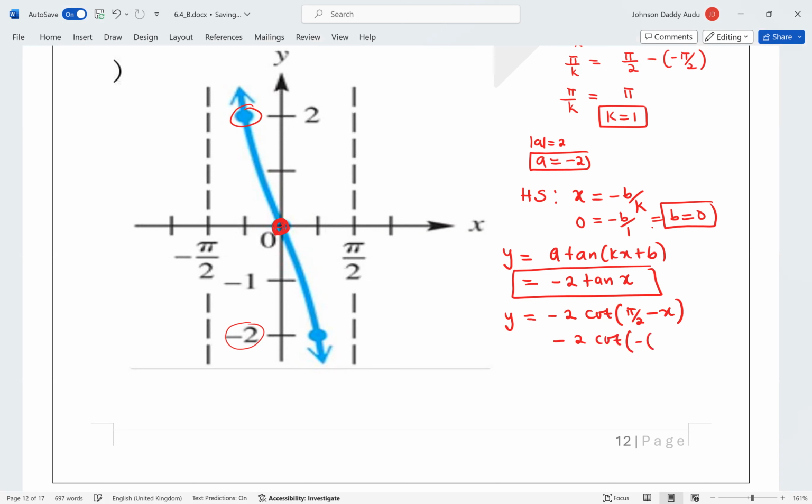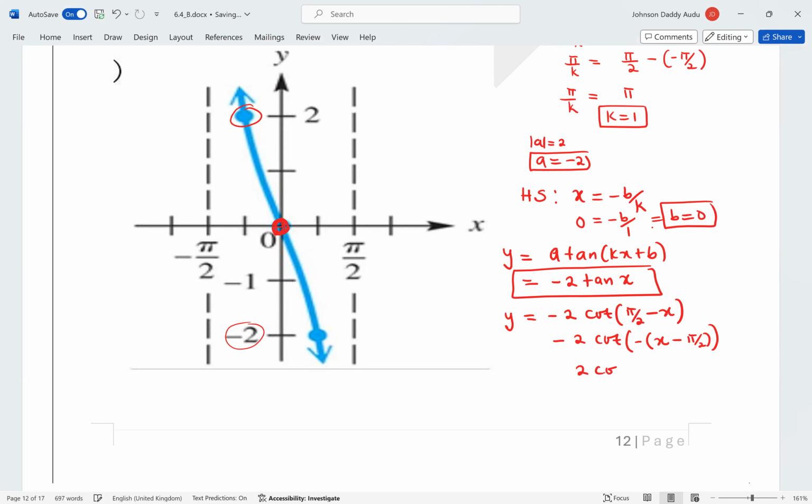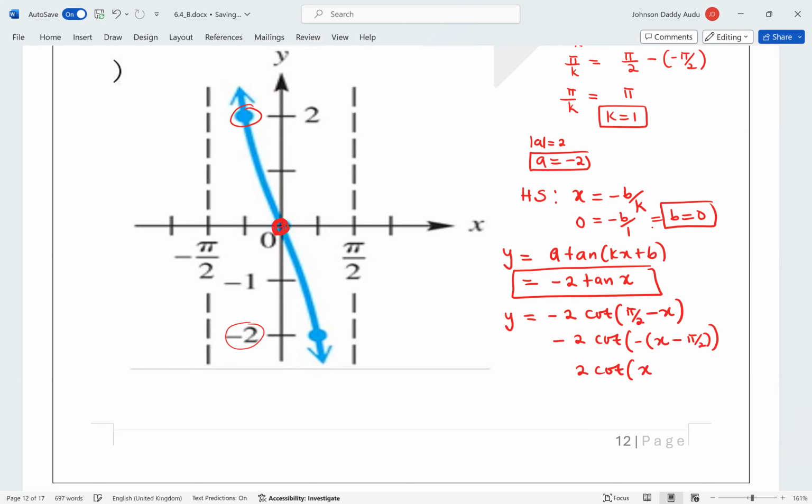You can put a minus here so that this becomes x minus pi over 2, right? And this minus can come out, so here it becomes just 2 cotan of x minus pi over 2. So any of these is correct.